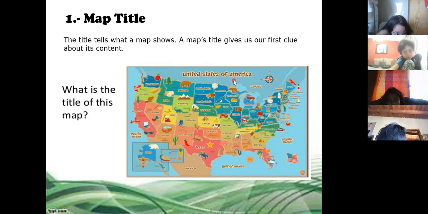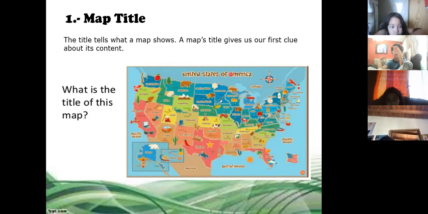Because imagine if you have a map without a title, you're not going to know what the map is about. Imagine that you have another country here and you don't know the name of the country. It's going to be difficult, but if you have the name of the country, the map title, it's going to be easier for us to identify what we are talking about or what we're going to see in this map.